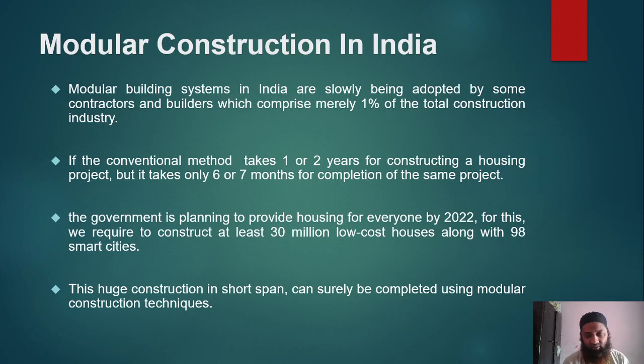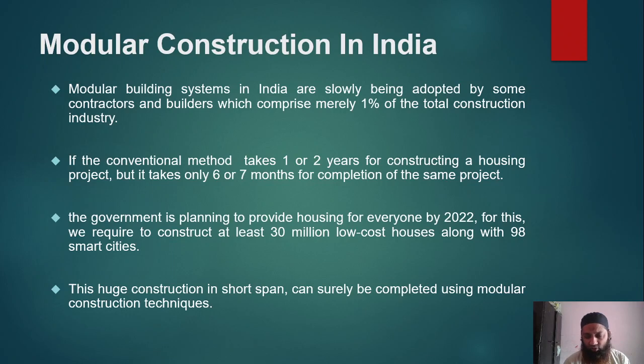But still we are lagging behind, though they can be achieved with time, because different hurdles come up. They can't be reached within time, but still much of the targets are being achieved. This huge construction in a short span can surely be completed using modular construction techniques.